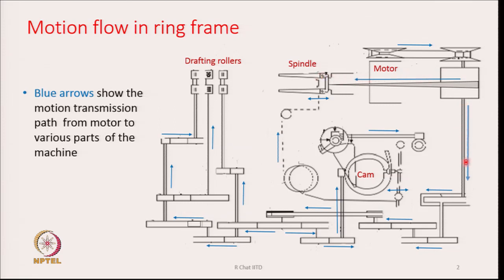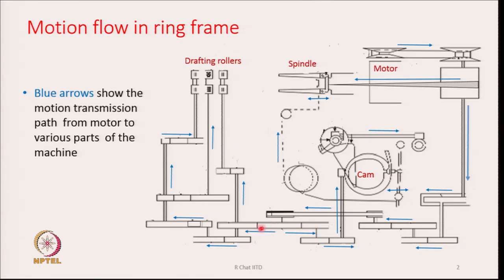On the other end, there is a set of gears, and the motion goes from here to this, from there it is coming over here, flowing like this and taking this path, and from there it is coming to this particular gear. There the motion is split into two parts. One motion flows in the right hand direction, and the other flows towards the left hand direction.